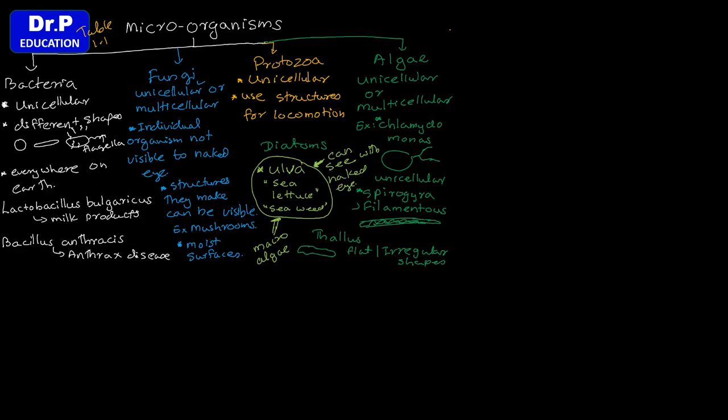The very last part that comes in this is viruses. Viruses are a type of microorganisms that do not show a cellular structure, and also they show both living and non-living features.